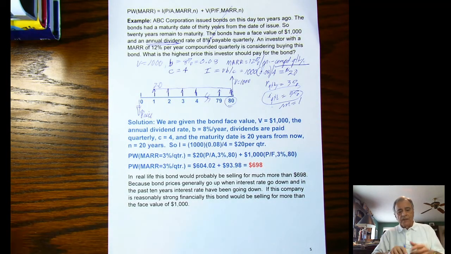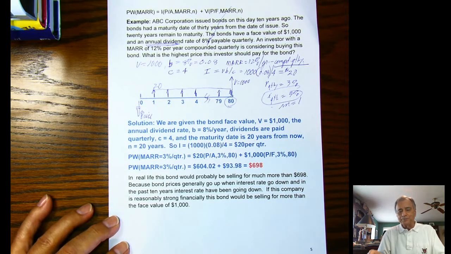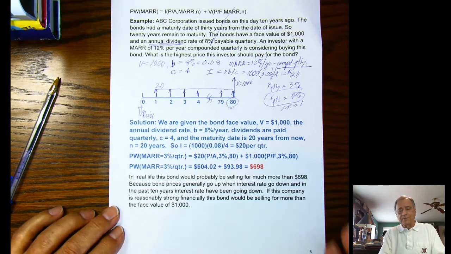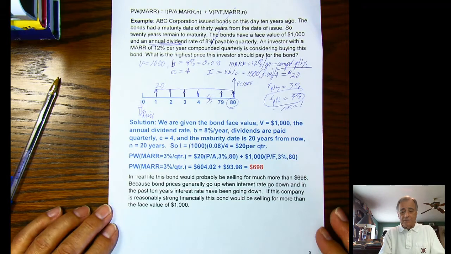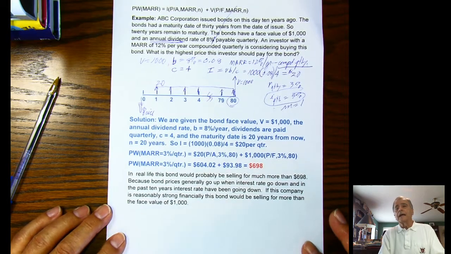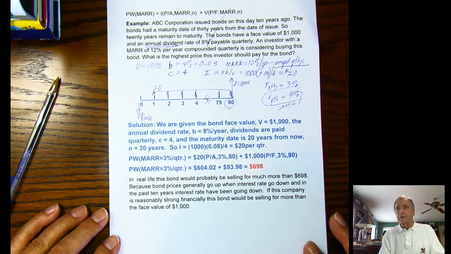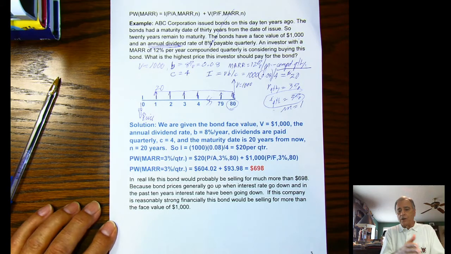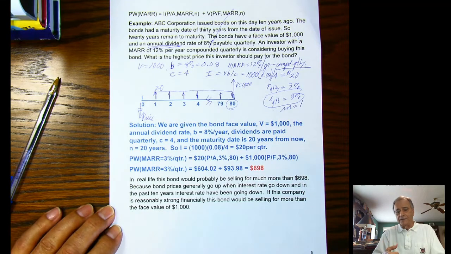Well, in real life, I say at the end of the example, in real life, you're not going to be able to buy this bond for $698. In fact, if you could, I'd be questioning how financially stable this company is if you could buy it for that price. Because normally, over the last 10 years, bond prices have been going up, not down, okay?